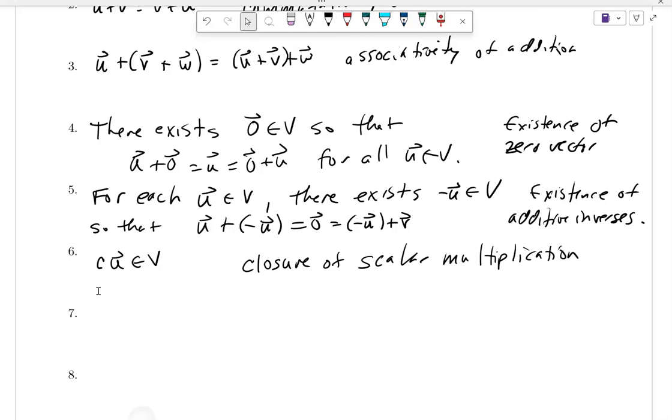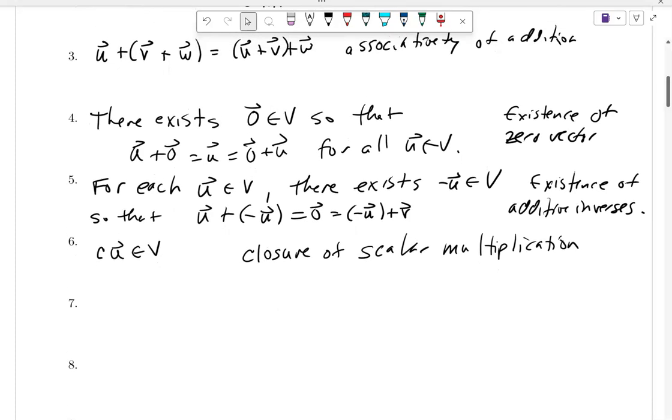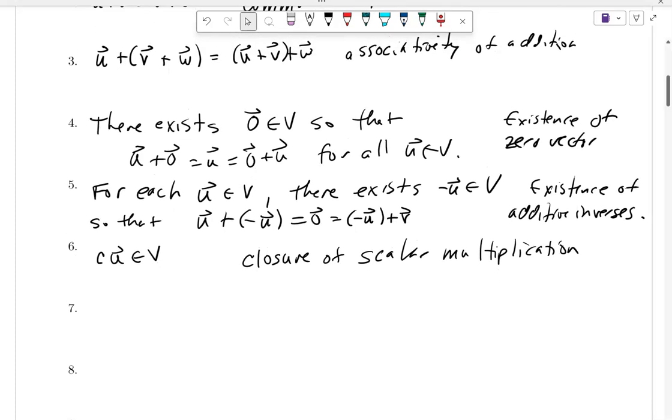The next 2 are, let me do the order the same way they have in the book. I think the next ones are the distributive ones. Okay, good. I just want to make sure I write it in the same order as the book. If I take my C, my constant, and multiply it by a sum, what would you like that C to do?